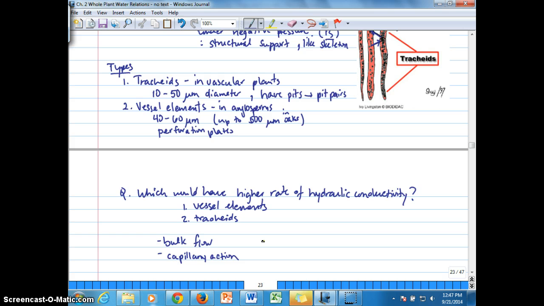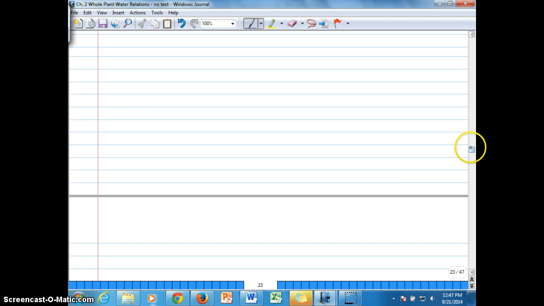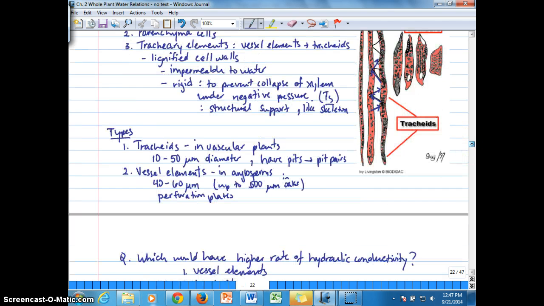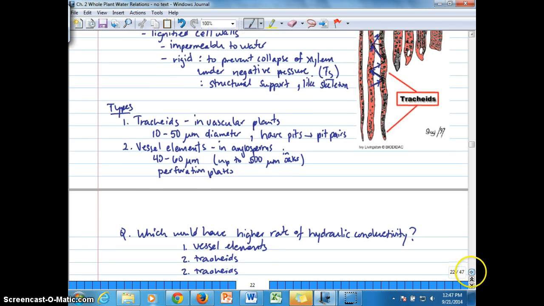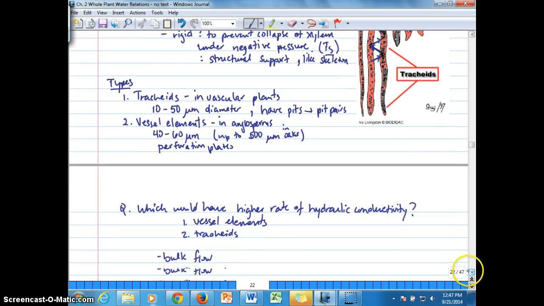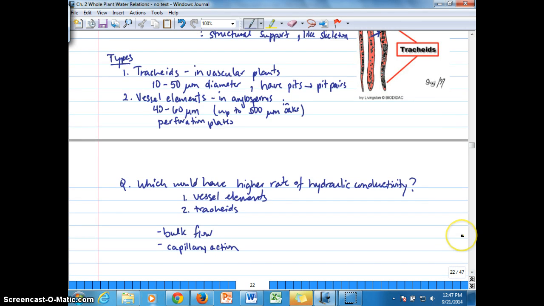Okay, so make sure that you take a little moment here to reflect on those, how the diameter translates into the rate of water movement through these, and how water is transported primarily through these different tracheary elements.